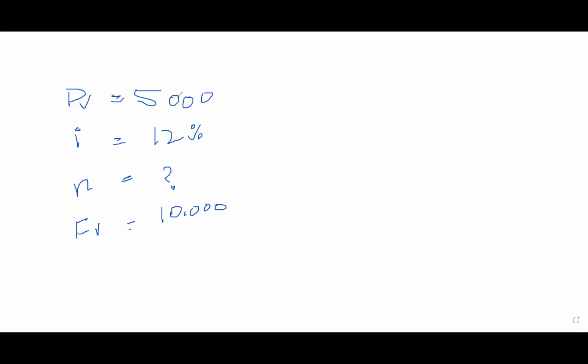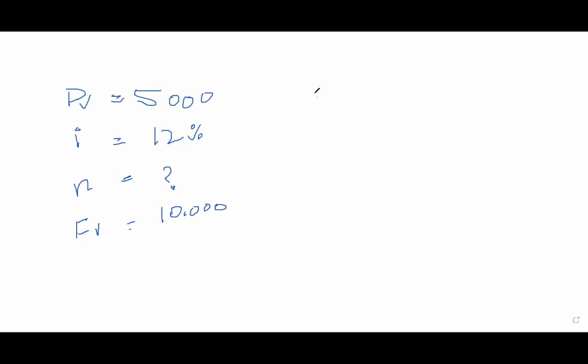So we need to convert this 5,000 into 10,000 in some future time period at an interest rate of 12%. How much time do we need to wait to make this 5,000 double, that is 10,000? So what was the formula?